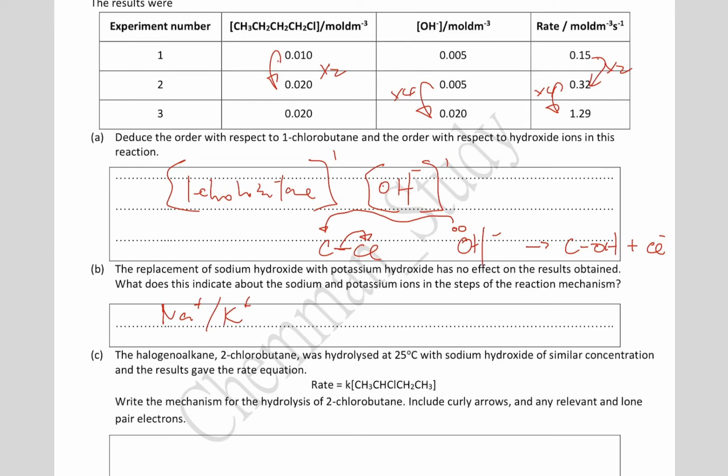Therefore, there is something called spectator ions, which is something that you will add in a reaction, because you can't say adding hydroxide ions, which is not possible in chemistry. You always have to add a compound, but the compound may contain something that is not relevant, just like the K plus and Na plus. Though they are not really related to the reaction, then you can say they are spectator ions.